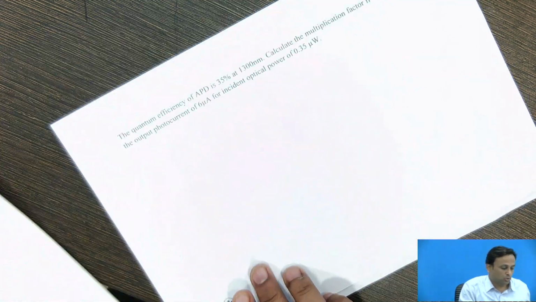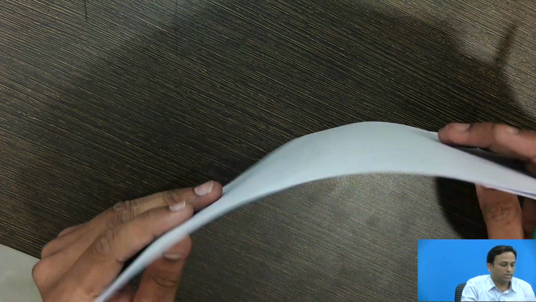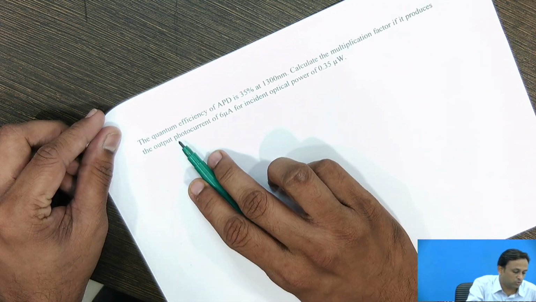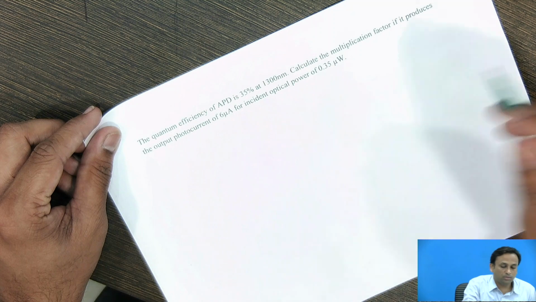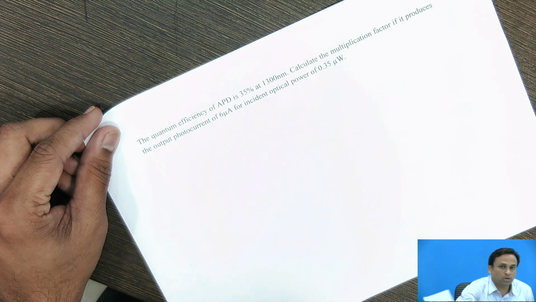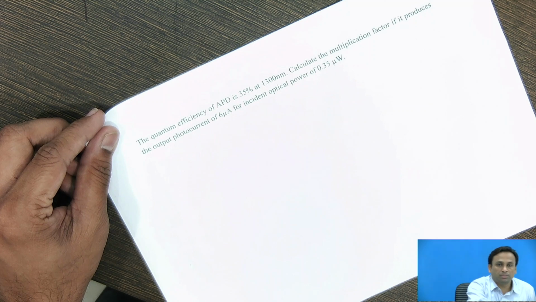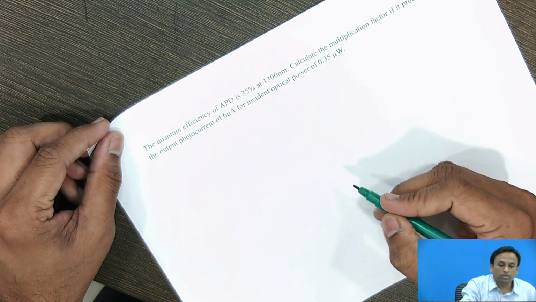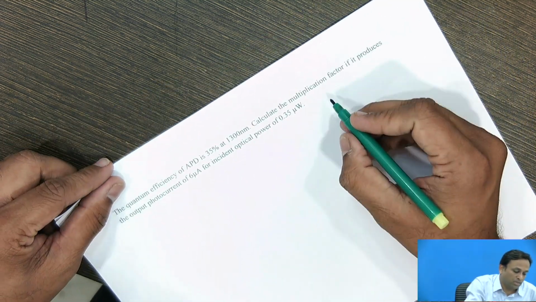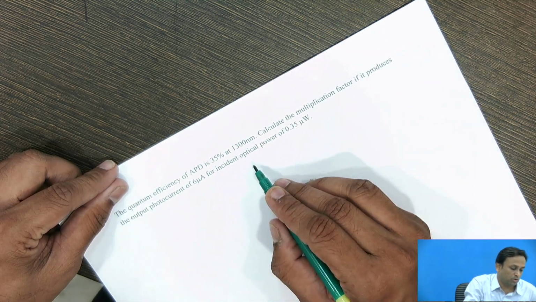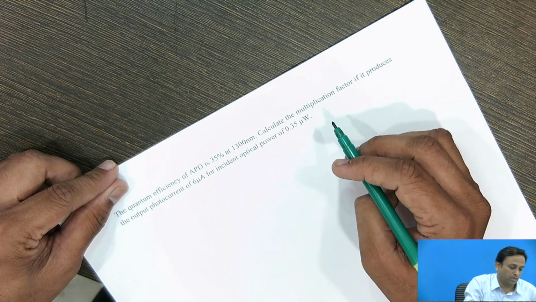Now let us understand one more example, the APD, avalanche photodiode. The quantum efficiency of the avalanche photodiode is 35%. Calculate the multiplication factor if it produces an output current of 6 microamperes for an incident optical power of 0.35 microwatt.